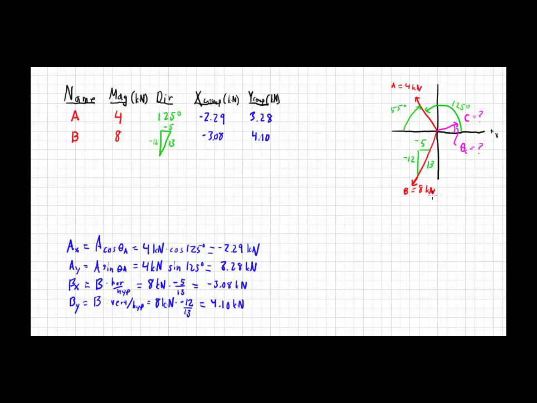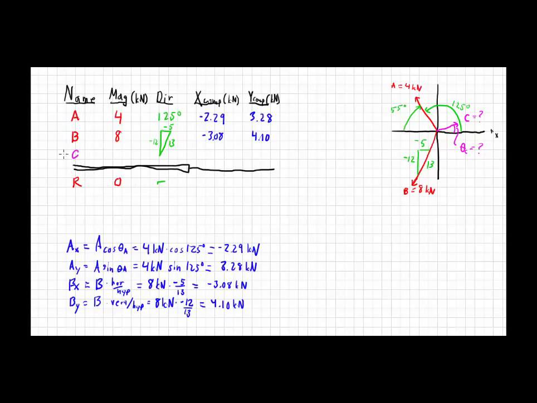But we do know the resultant of the entire system. If it's in equilibrium, then it must be 0. So I'm going to fill in this for C. We don't have anything else that we can fill in here. I'm going to put my double line at the bottom here, and here's my resultant R. I know my resultant has to be 0 if it's in equilibrium. My direction doesn't matter.